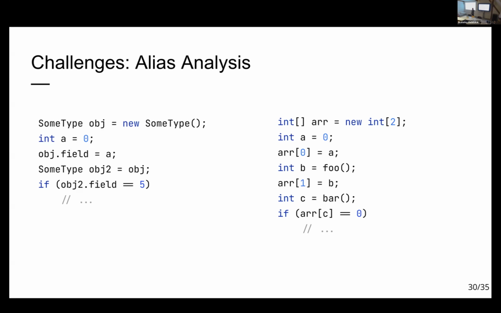Another interesting problem was arrays. They are always a problem for symbolic execution. And here is an interesting case. As you can see, we have one primitive value and one non-primitive value. And here in this condition, we need to understand whether this is primitive dependent or not. To do it, we're just marking all array values as primitive if one of them is.